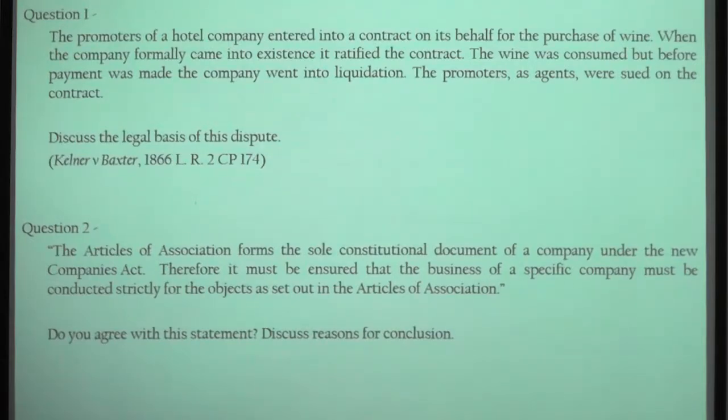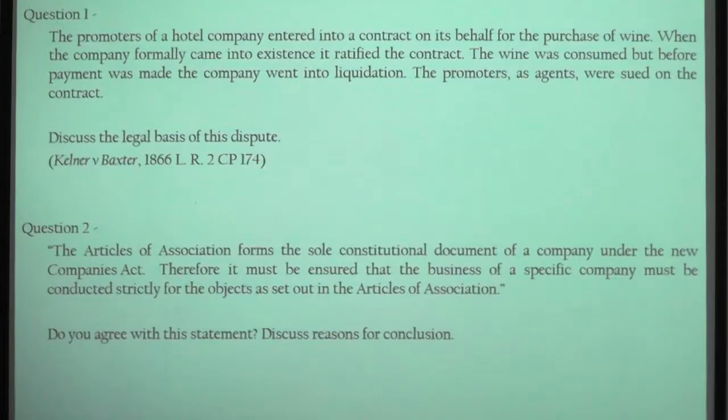So, you cannot go beyond the articles. If you go beyond the articles, it raises the concerns of acts of ultra vires. I have explained this to you previously.